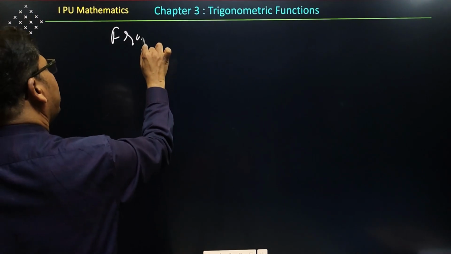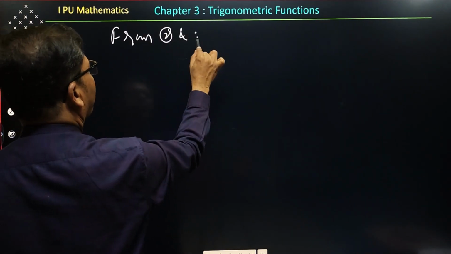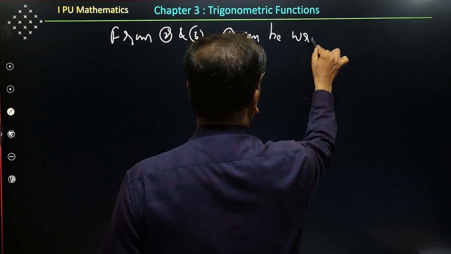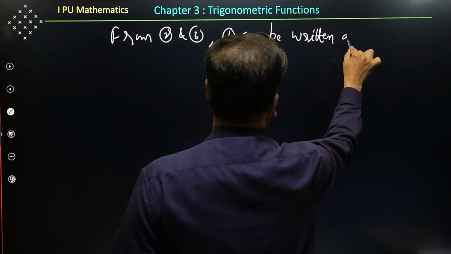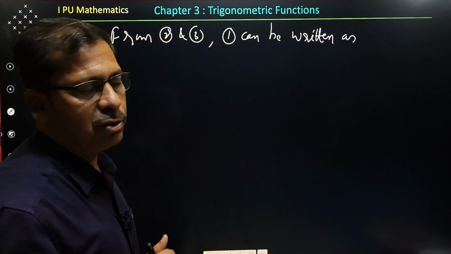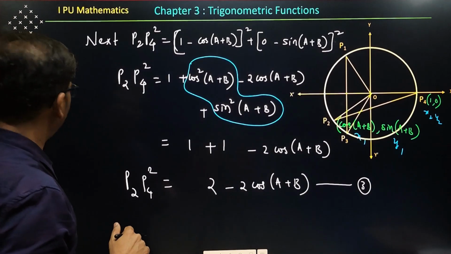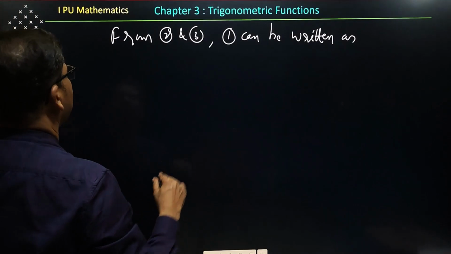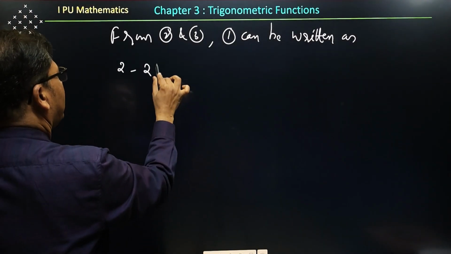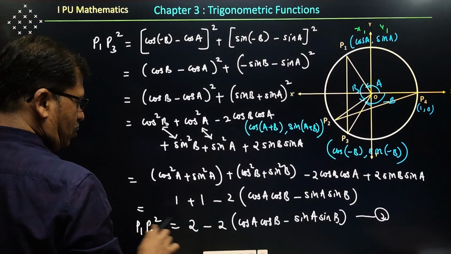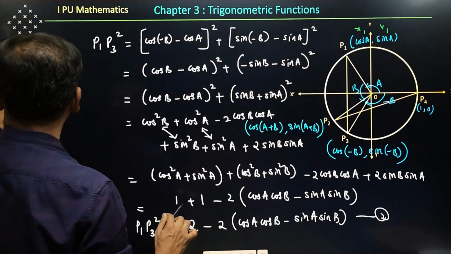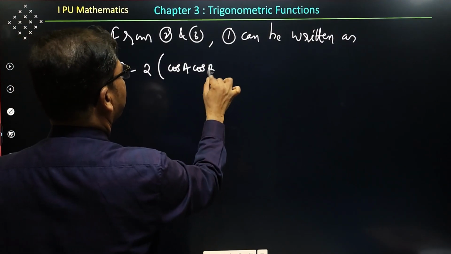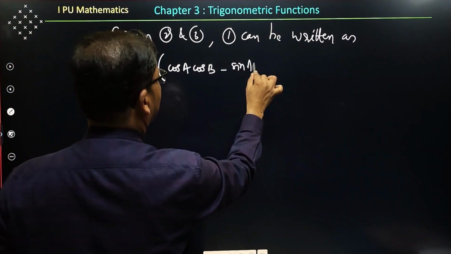From 2 and 3, equation 1 can be written as, equation 1 left side is P1 P3 square. P1 P3 square has come as 2 minus 2 into bracket cos A cos B minus sin A sin B.